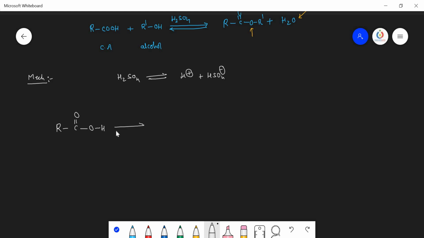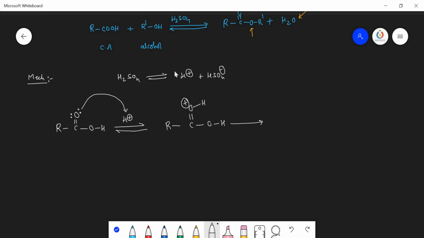When this carboxylic acid meets the H plus of the H2SO4, the lone pair of electrons present on the keto group oxygen, not the oxygen of the hydroxy group, attracts this H plus ion, because here pi electrons are there, so it is more localized. So we get R C double bond O H plus.